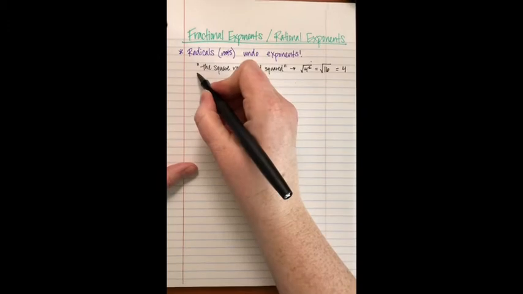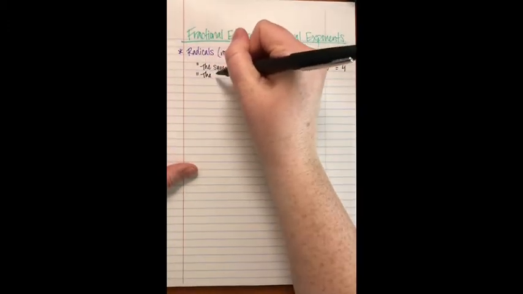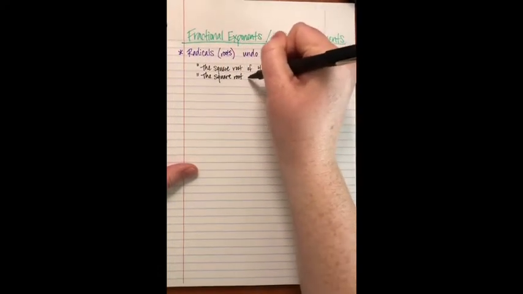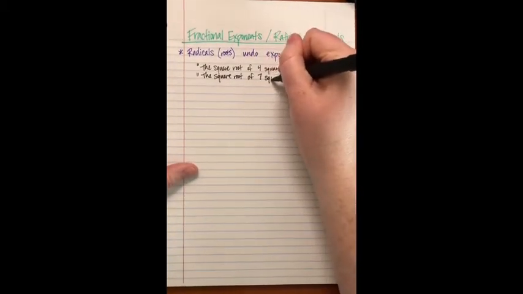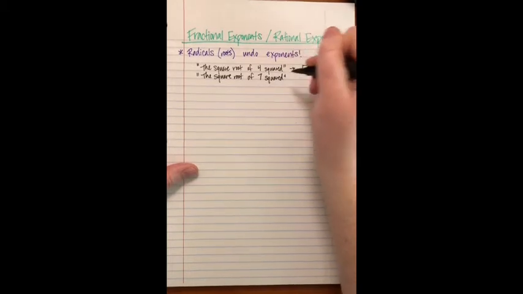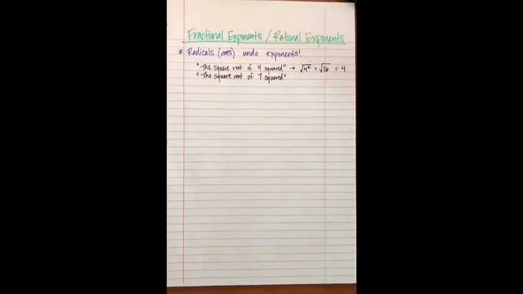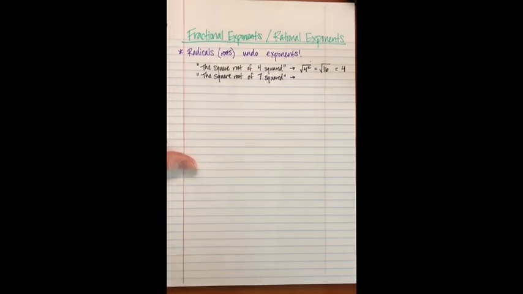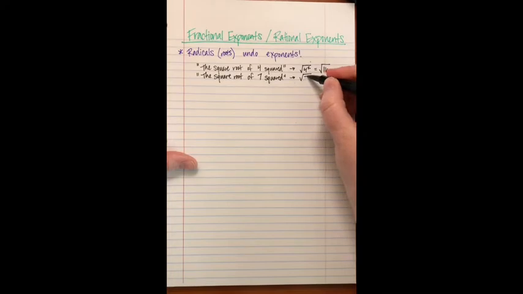Let's see another example: the square root of 7 squared. If I'm going too fast, pause the video and catch up whenever needed. I'm taking the square root of something, and that something is 7 squared, so that's 7 to the 2nd power.